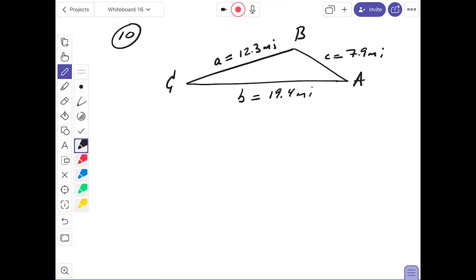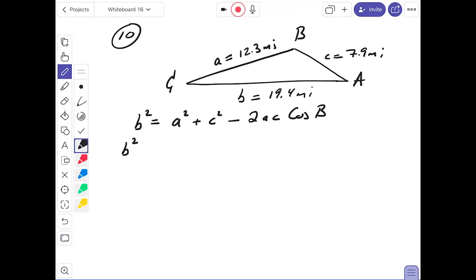So let me write this down. B squared is equal to A squared plus C squared minus 2AC cosine of B. I'm going to keep writing this over here.